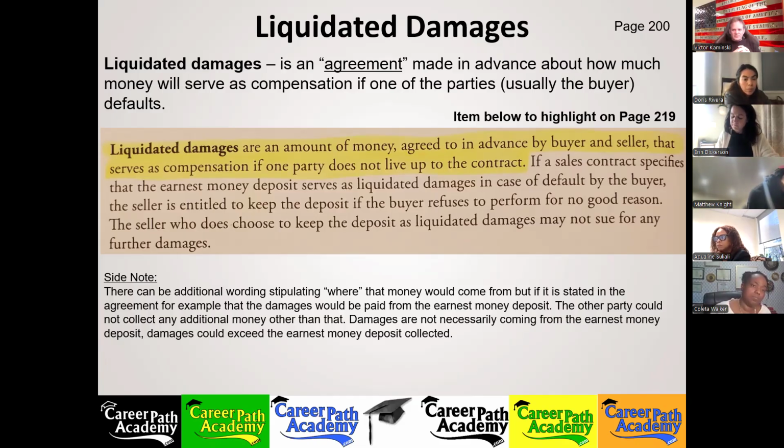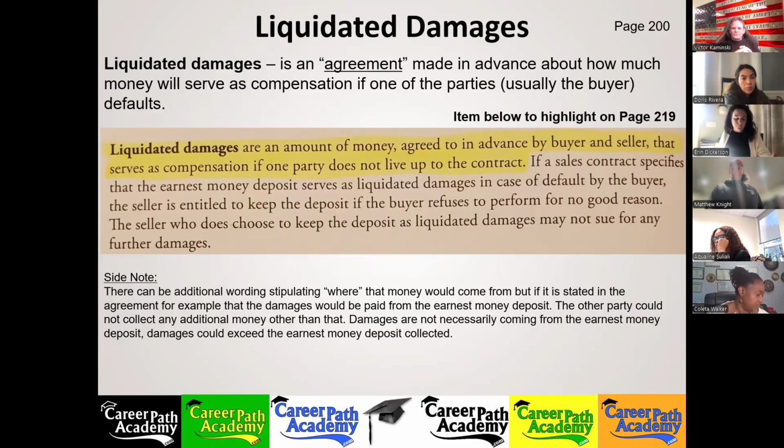If it does, for example, say that the money is going to come from the deposit money, well, then the seller cannot collect any money beyond the amount that they put down in the deposit. And liquidated damage agreements can be for amounts of money well beyond the amount that was put down as the deposit.